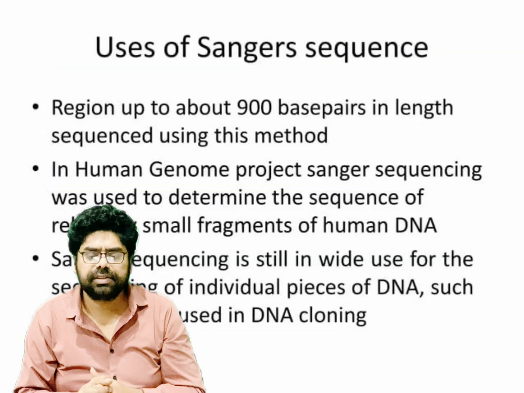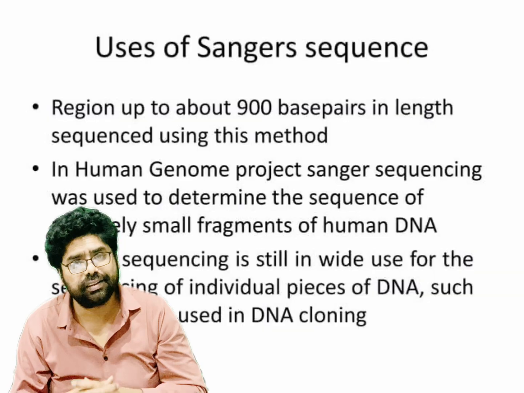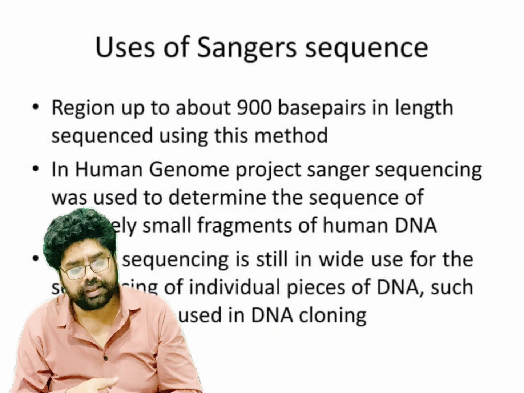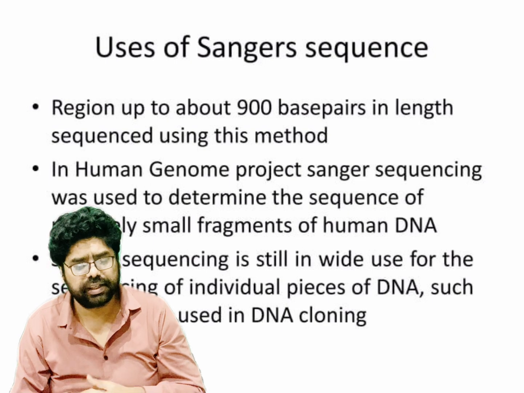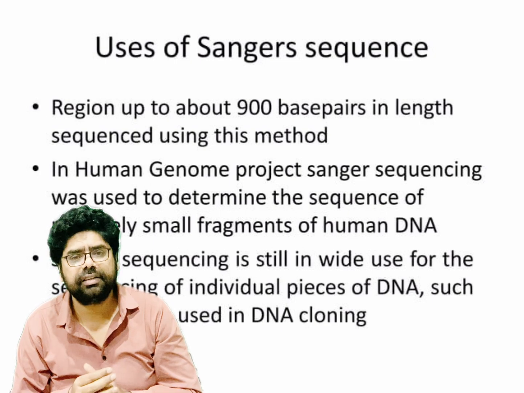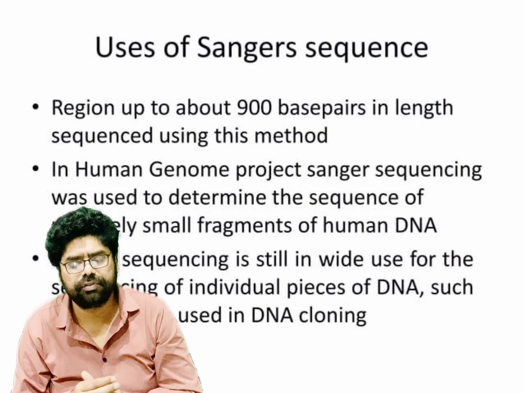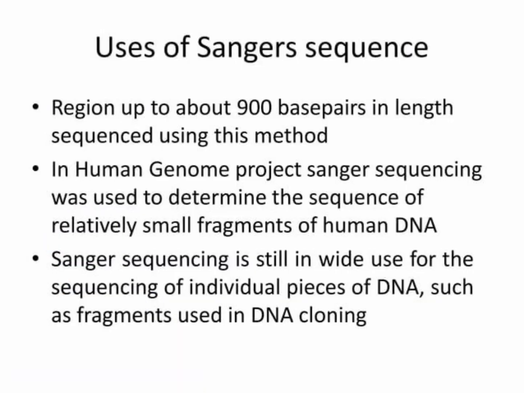Now, what are the uses of Sanger sequencing? You can sequence up to 900 base pairs in length using this method. In the Human Genome Project, Sanger sequencing was used to determine the sequence of relatively small fragments of human DNA. Sanger sequencing is still widely used for sequencing individual pieces of DNA, such as fragments used in DNA cloning.